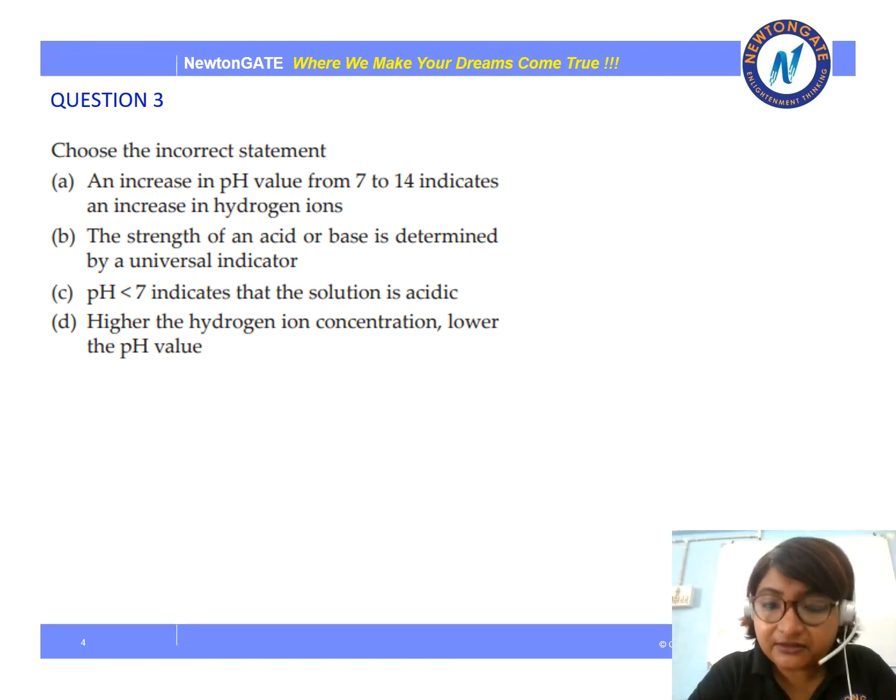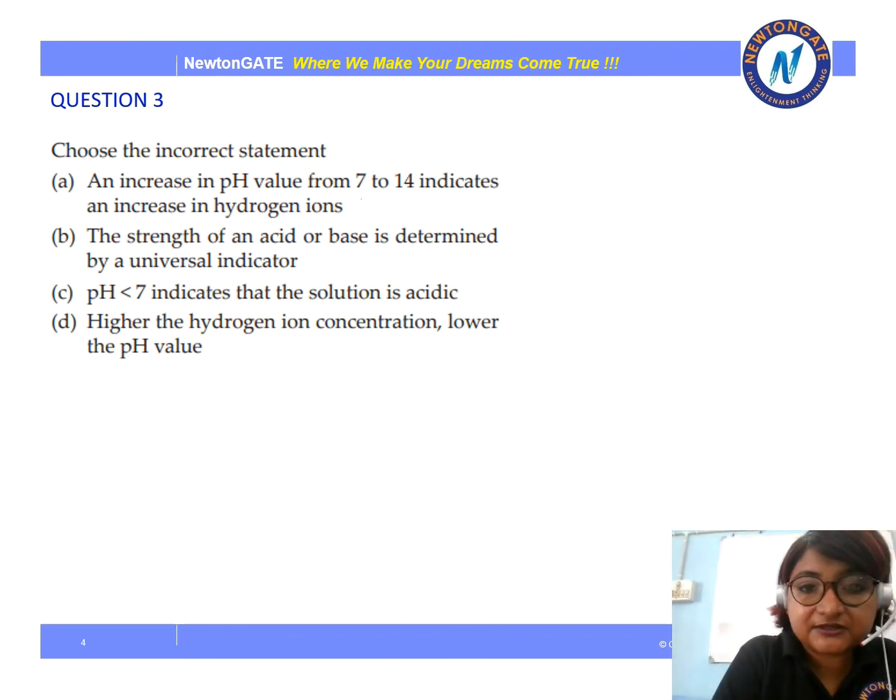Okay, 7 is a neutral pH and more than 7, basic character increases. That means the concentration of hydrogen ions should decrease, not increase, if you increase the pH from 7 to 14. So this is a false statement. That means your correct option is A.